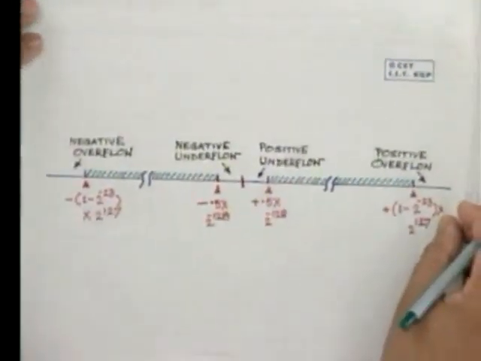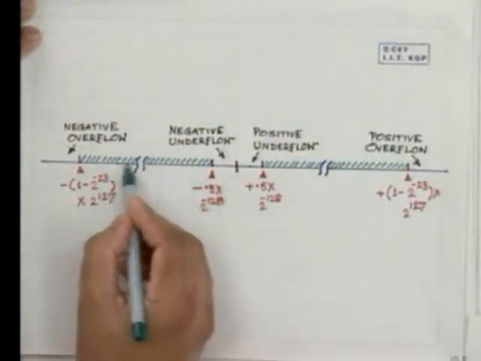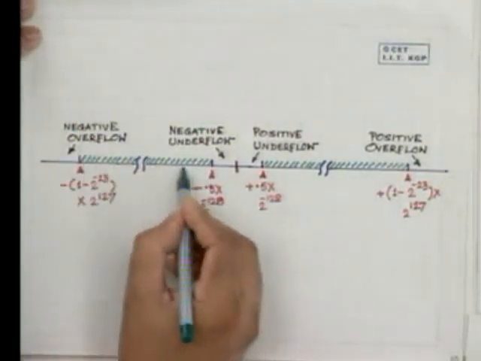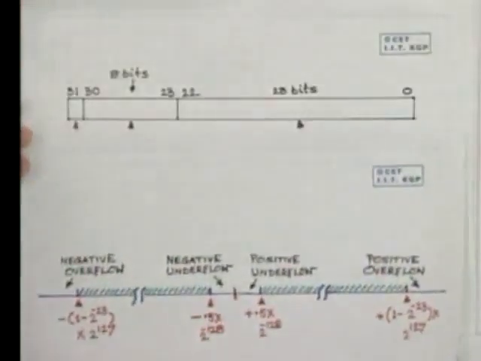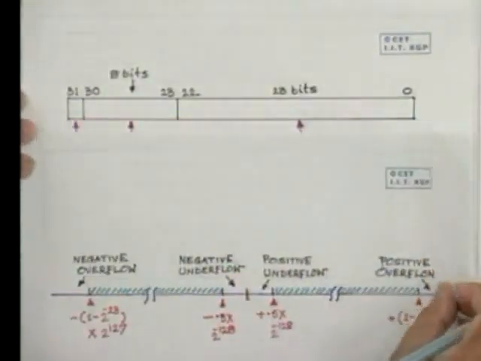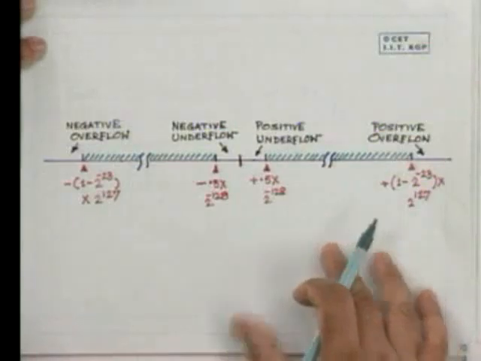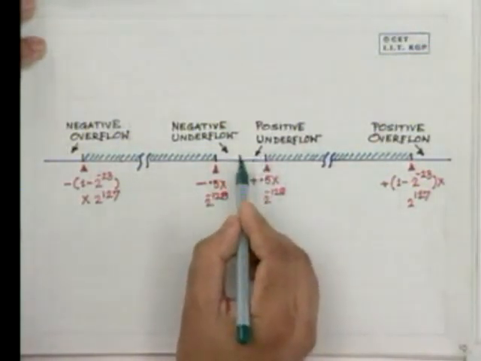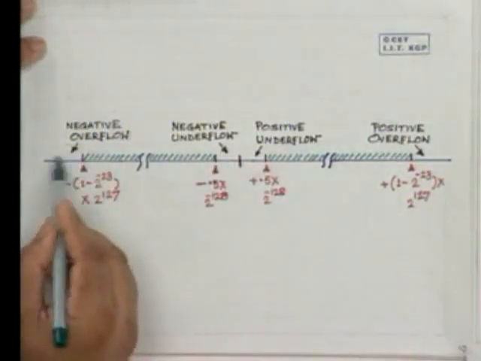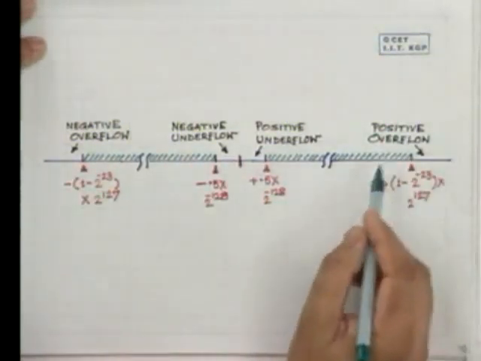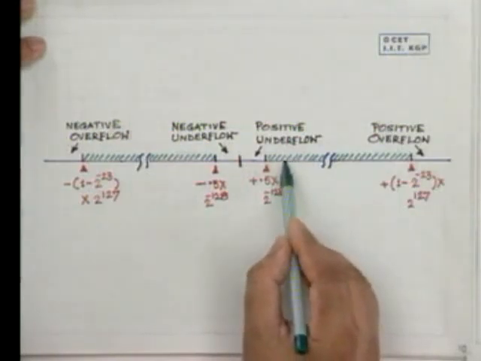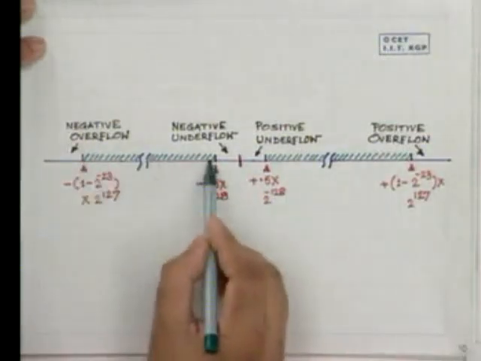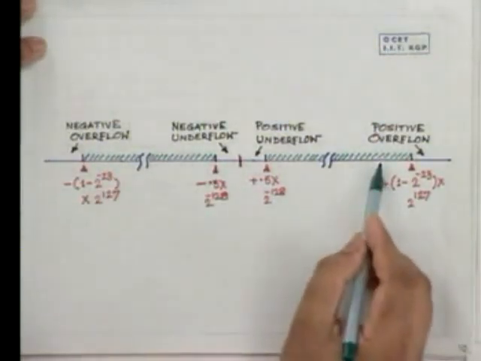And some numbers cannot be represented at all. For example, here are the numbers which cannot be represented. And as we will see, there are many real numbers within these 2 limits also, which cannot be represented.